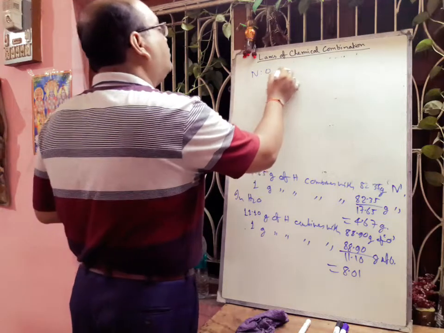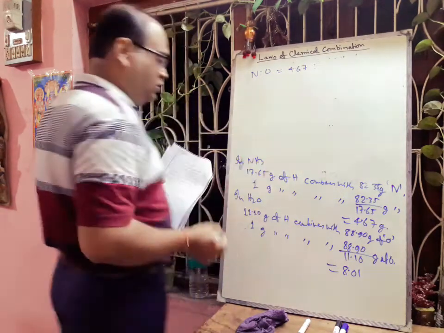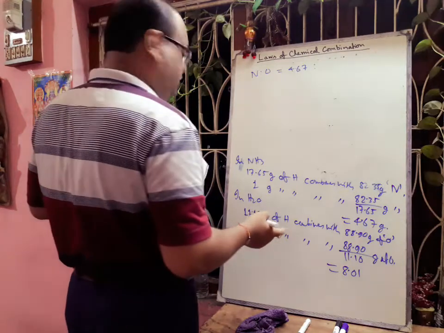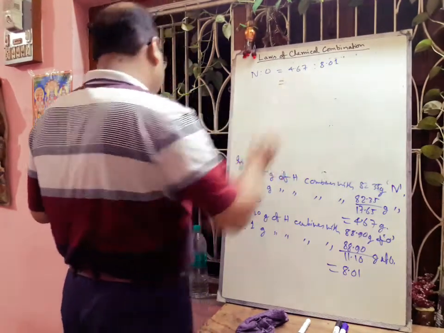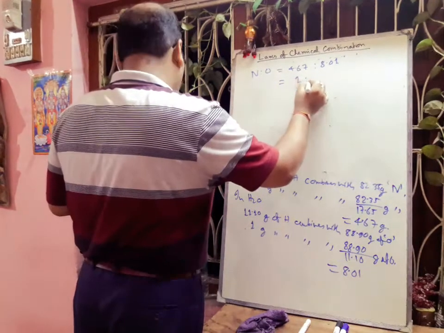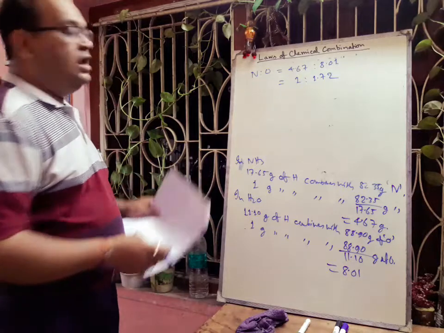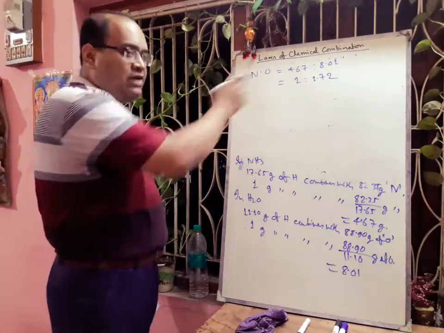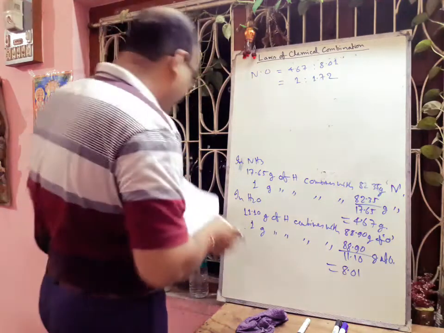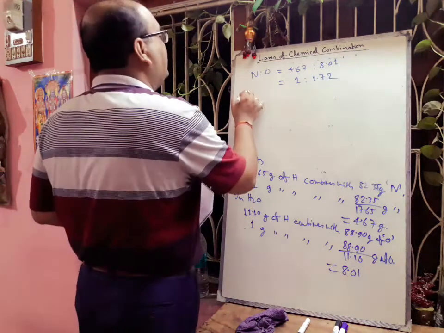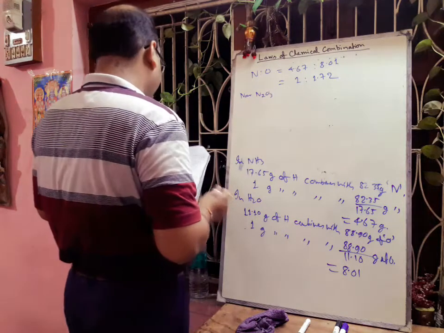That will be 4.67 is to 8.01. Then what will be their ratio? 1 is to 1.72. If we calculate, we will get this value. Now this nitrogen and oxygen combine with each other, forming nitrogen trioxide. Okay. So now in N2O3.